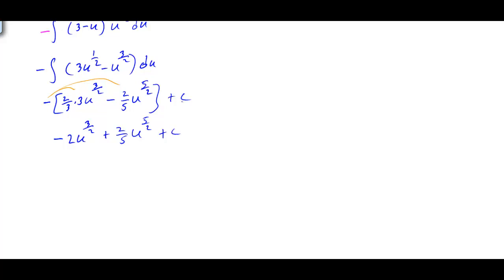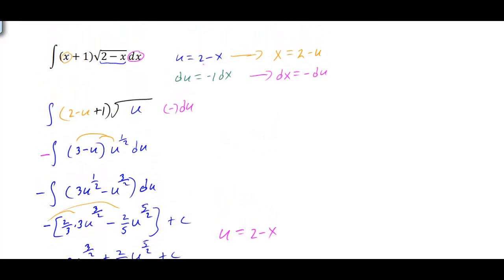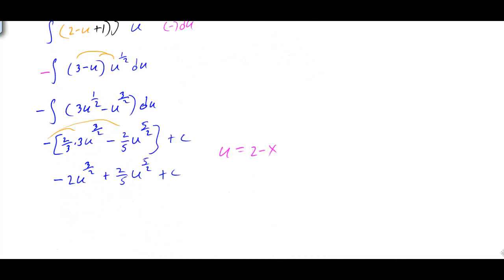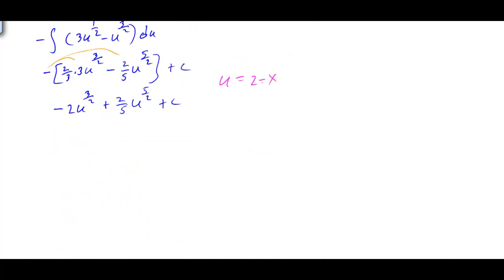So now we can do our substitution and recall that above, u was equal to 2 minus x. So now we're going to resubstitute back in terms of our variable x. And maybe before we do that, you may see this every now and then.